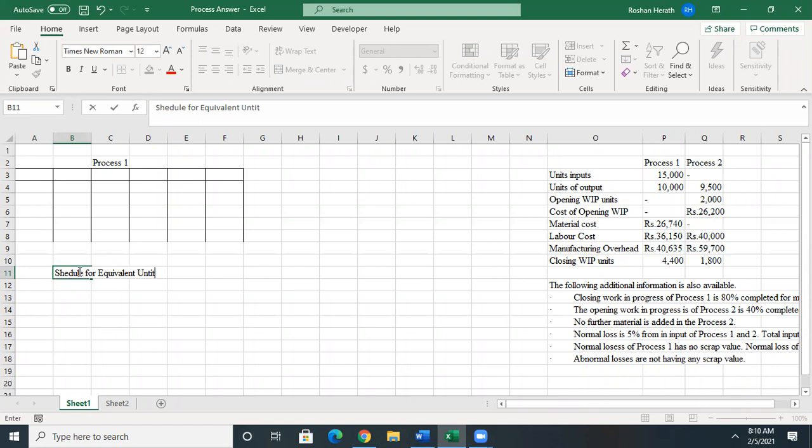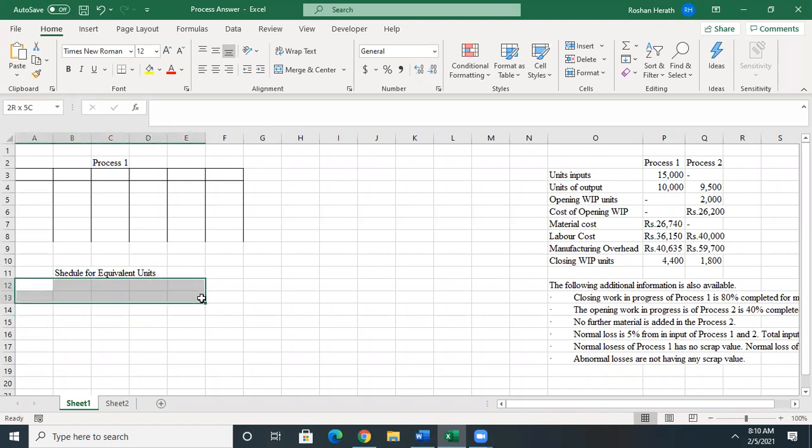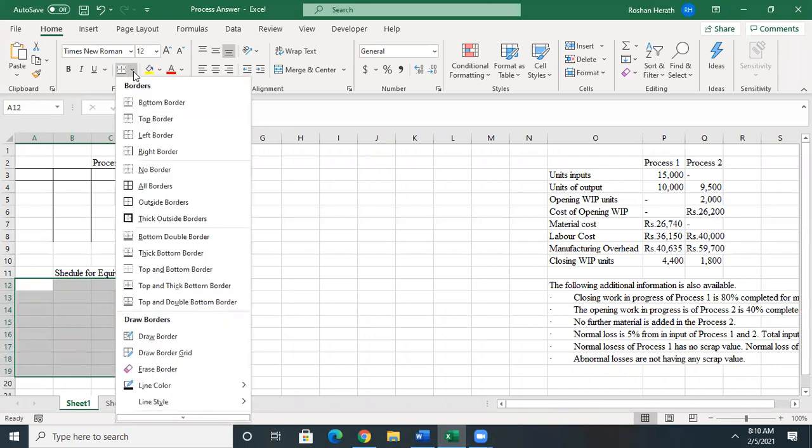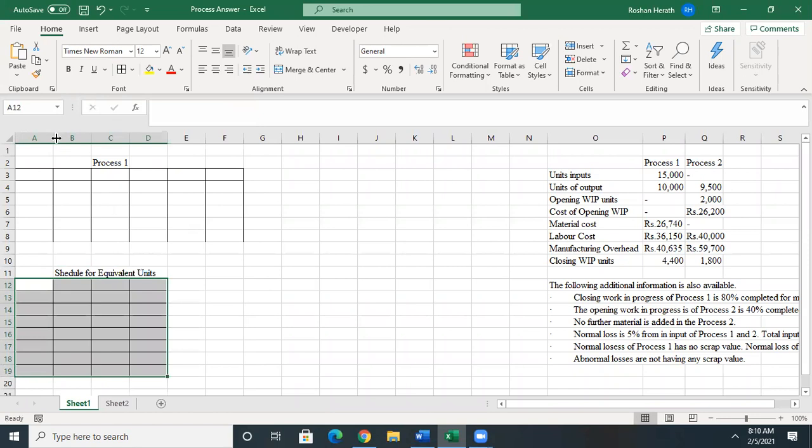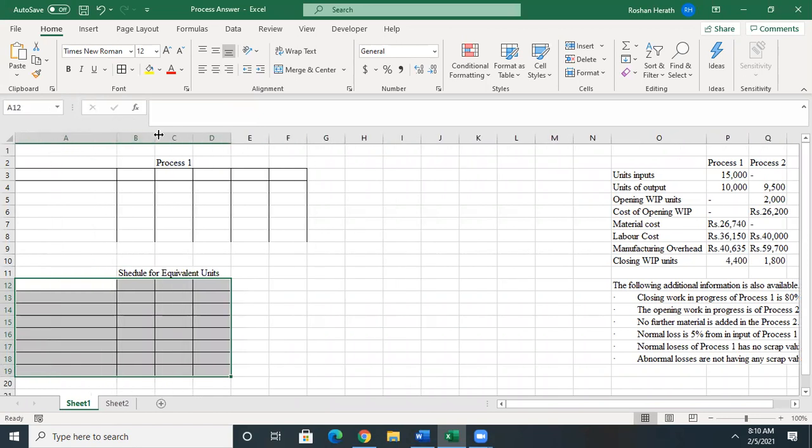A schedule for equivalent units is required. It's a kind of working that will make things easy for you.